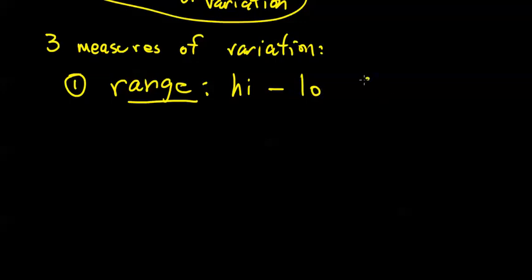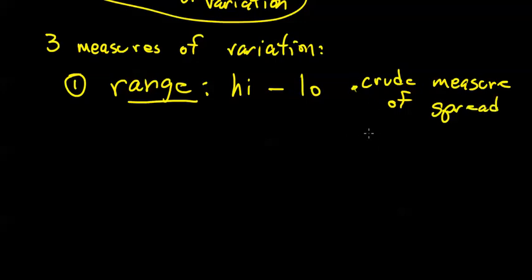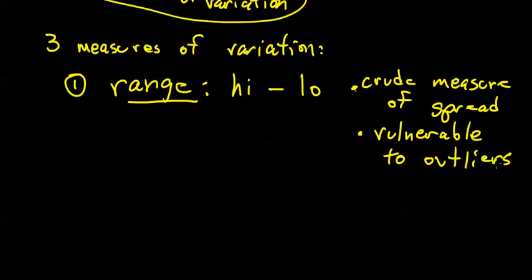And of course, this is a crude measure of spread, as you can clearly see, and it is very vulnerable to fluke values that may not give a true indicator of what's going on in the data. So for this reason, range is typically not used very much. It is used sometimes when your data is reasonably well behaved, and the big advantage of range is that it's quick and easy to compute.